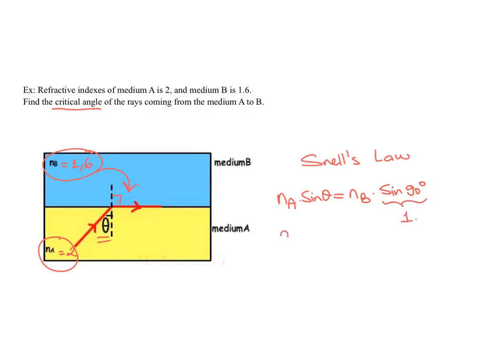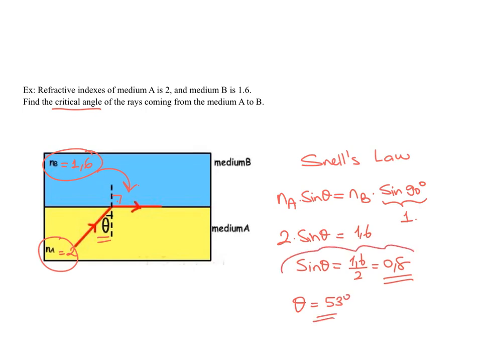So NA, 2, times sine theta is equal to 1.6. So sine theta is equal to 1.6 over 2, 0.8. From the trigonometric values, we know that this angle is equal to 53 degrees, but you don't have to know this, just finding this is enough.